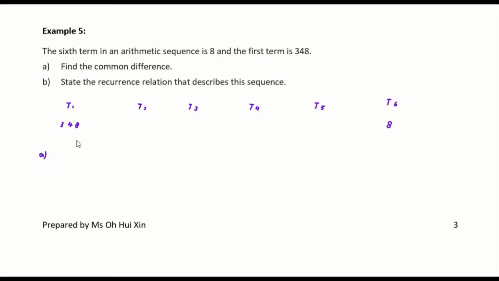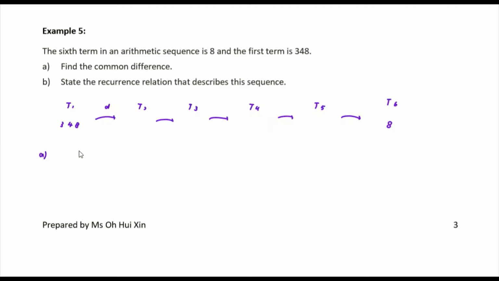So later when we learn the general rule, then you can use an equation to solve. In this case, we can use more common sense to solve this. So from the first term to the sixth term, that's going to be 1D, 2D, 3, 4, and 5. Am I right?